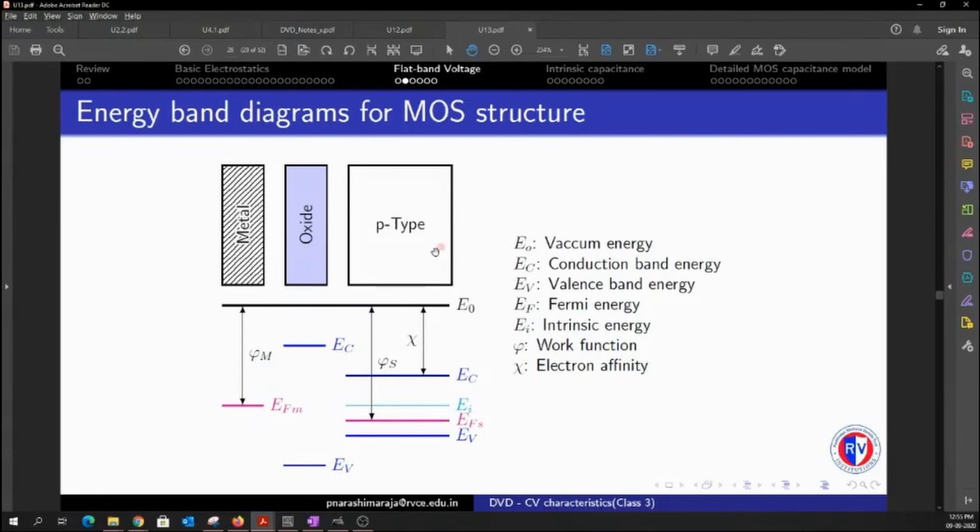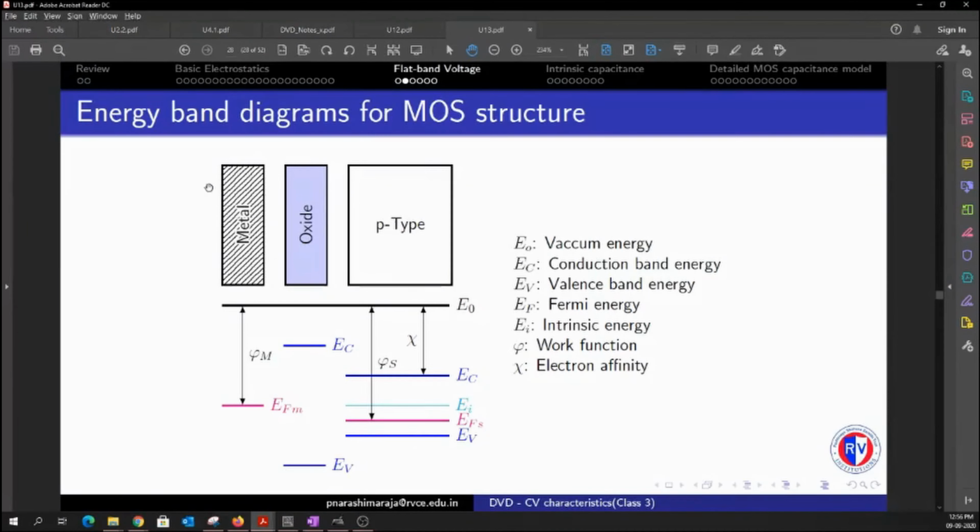When it comes to a semiconductor, that again will have what is known as a Fermi level. If the semiconductor is intrinsic, then we know that the Fermi level will be exactly between the conduction band and the valence band, exactly midway. But if I'm doping with p-type, the Fermi level shifts from the mid value towards the valence band.